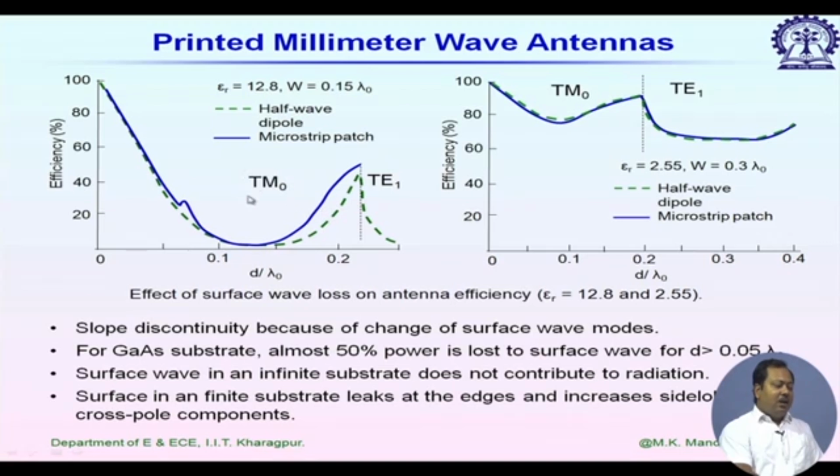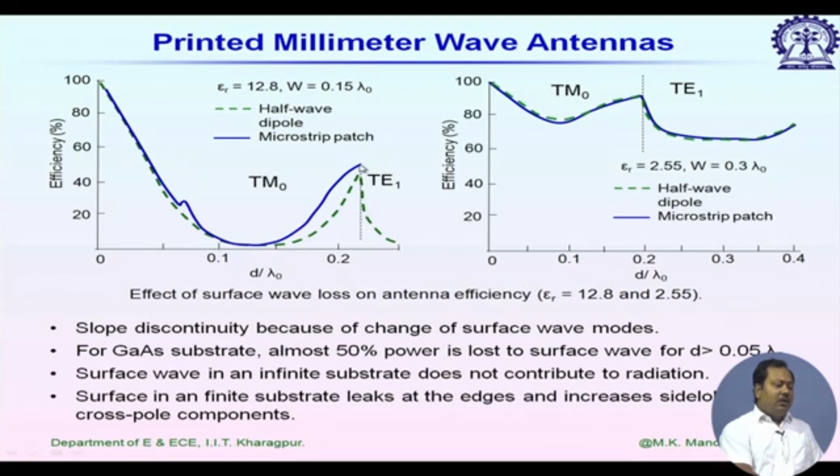And if you remember, for microstrip line we can't avoid coupling with TM0 mode, and the radiation is mainly coming from the TM0 surface wave mode for patch antennas as well as for the half wave dipole antenna. After this transition, we have one more second transition here.